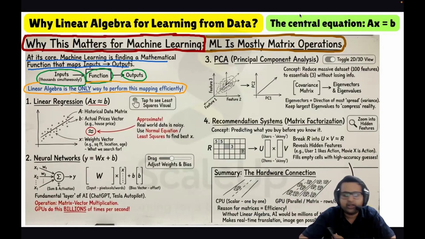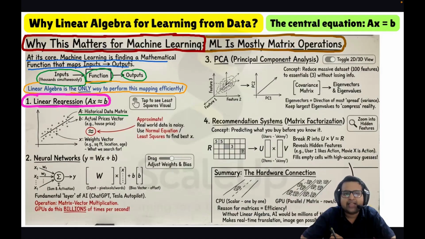If we talk about linear regression, linear regression is basically AX ≈ B. In linear regression, we are predicting a continuous value, like a house price, based on the input features. In this central equation of linear algebra, AX = B, the matrix A represents the historical data matrix.